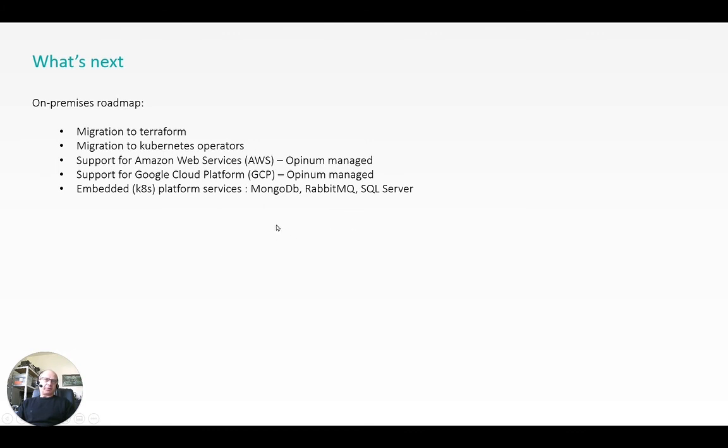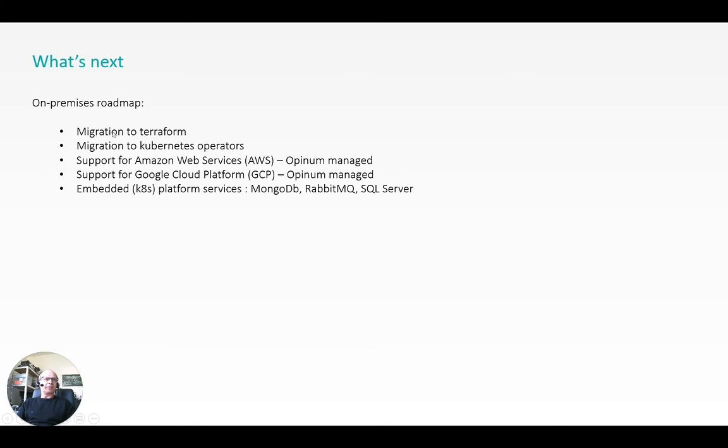What's next on the roadmap that we plan to work on once we have migrated to Kubernetes? We plan to migrate to Terraform for the provisioning of all resources. This is mainly for Opinum Managed mode, where we set up Kubernetes, virtual machines, network, and so on ourselves. Currently, we have PowerShell and Azure CLI scripts to provision these, but once we move to AWS and GCP, we will migrate to Terraform so that we can provision infrastructure in these cloud providers the same way.